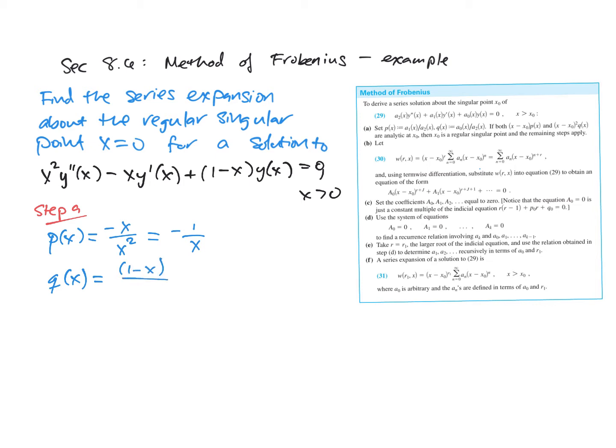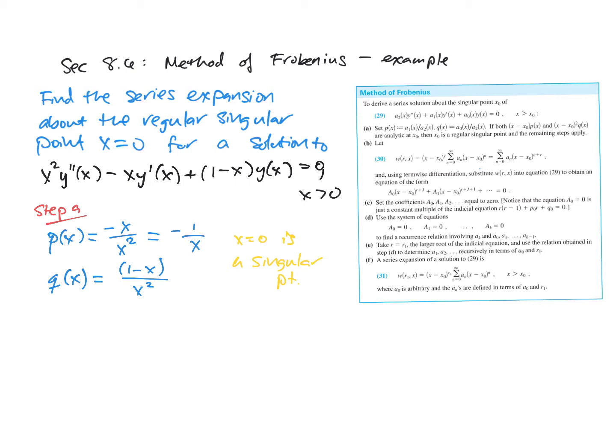1 minus X over X squared. So we see that X equals 0 is a singular point because you've got a 0 in the denominator there.